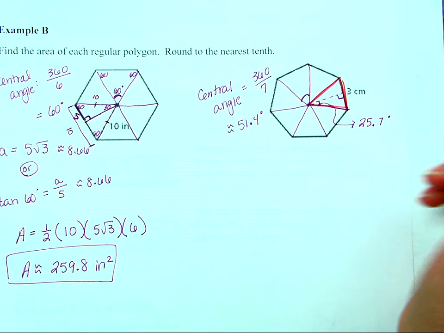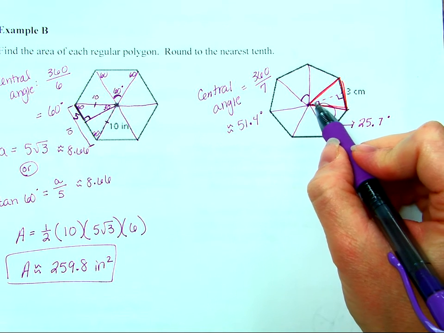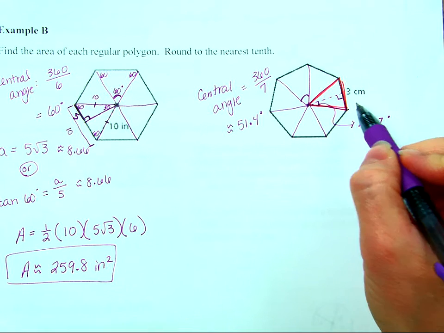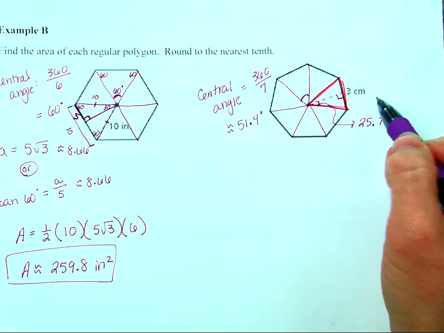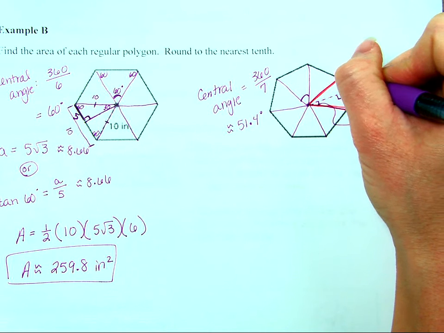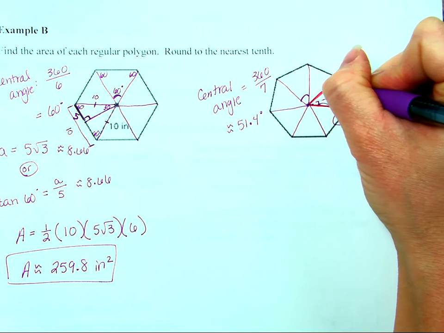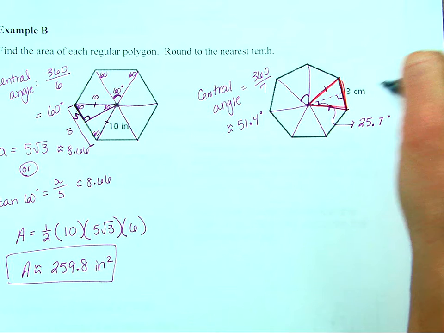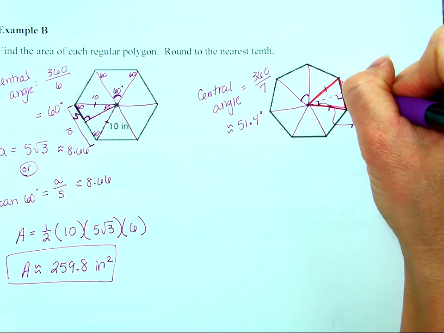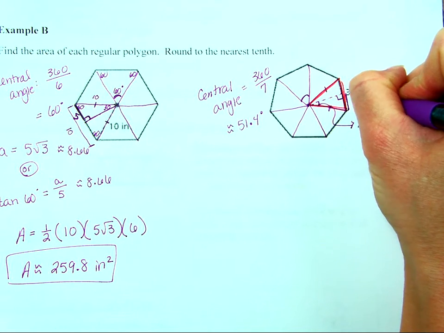The reason that I want to use that is I need this right triangle to calculate my apothem. And if this was a side length of 3, now these triangles are not going to be equilateral, they're simply going to be isosceles. So this side isn't necessarily 3, but I do know that this side is 1.5.